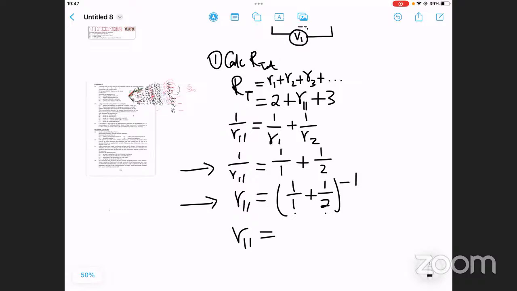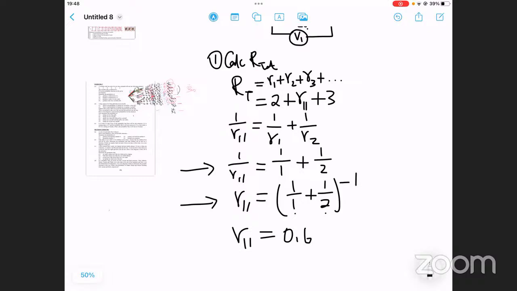Let's see. Open bracket 1 over 1, you plus it with 1 over 2, and then you close, then you say to the exponent -1, then it gives you 0.666, then you can round it to 0.67. Remember to say ohms.